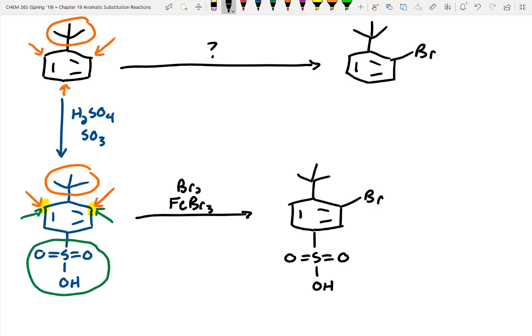Does anybody remember how we can go about removing this blocking group? Water. Not just water. Not zinc and water. Dilute sulfuric acid. So it's kind of weird, but what we do is we flood it with dilute H2SO4.